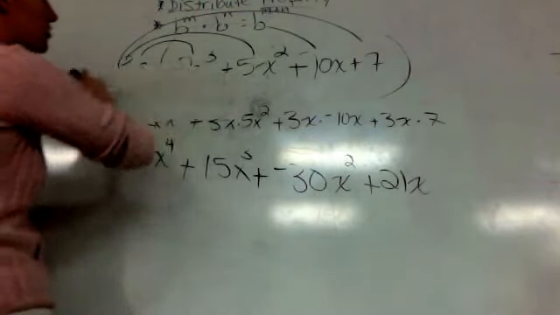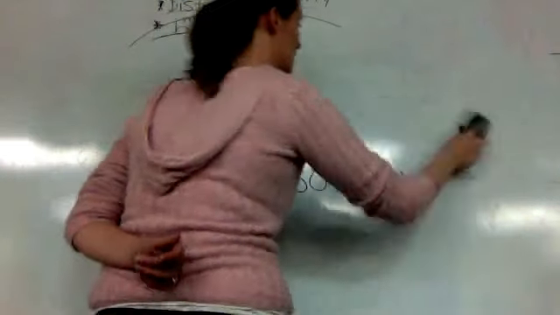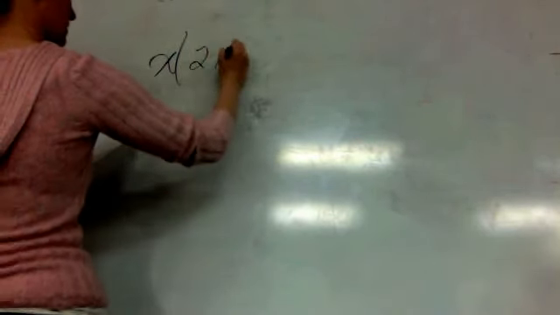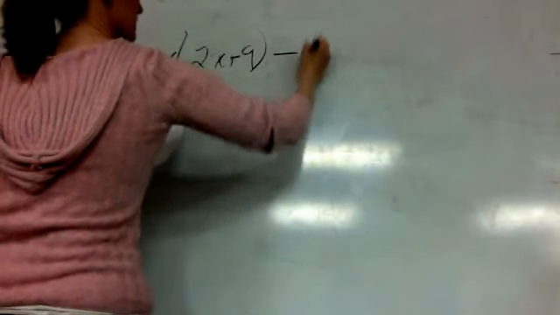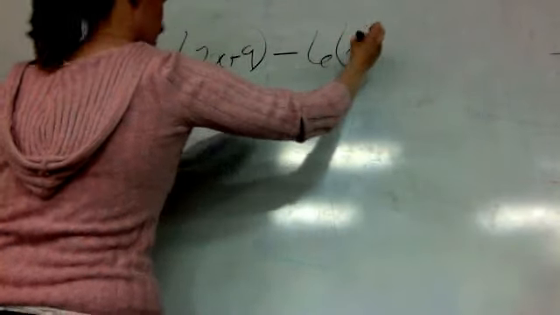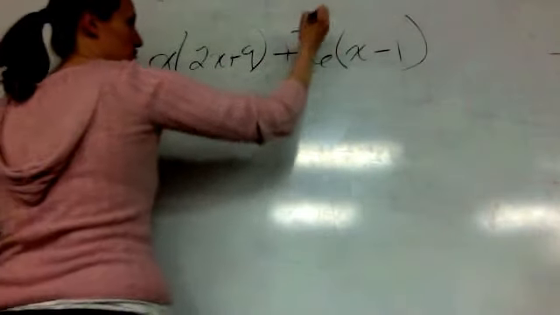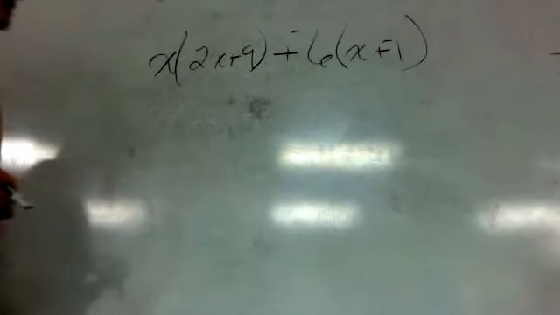One final thing I want to show you with this is if you're asked to do more than one multiplication. So x times 2x plus 9 minus 6 times x minus 1. Again, first thing I'm going to do is change all my subtraction to addition. So add a line, add a line.